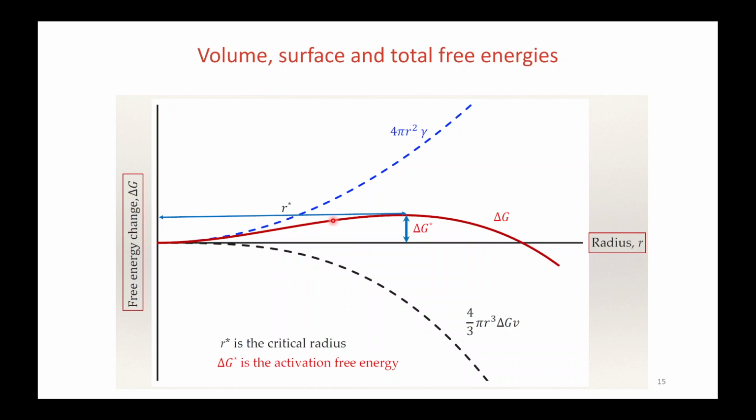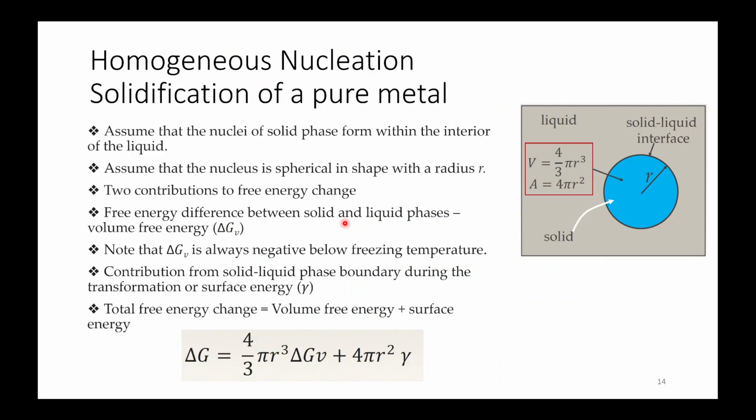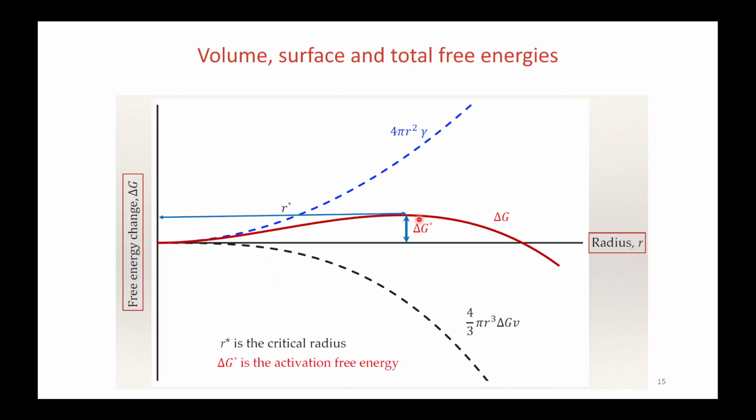It achieves a maximum at a certain point, which is known as the activation energy, and the respective radius is called the critical radius. Below this critical radius the nucleus is called an embryo, and above this it is called a stable nucleus.